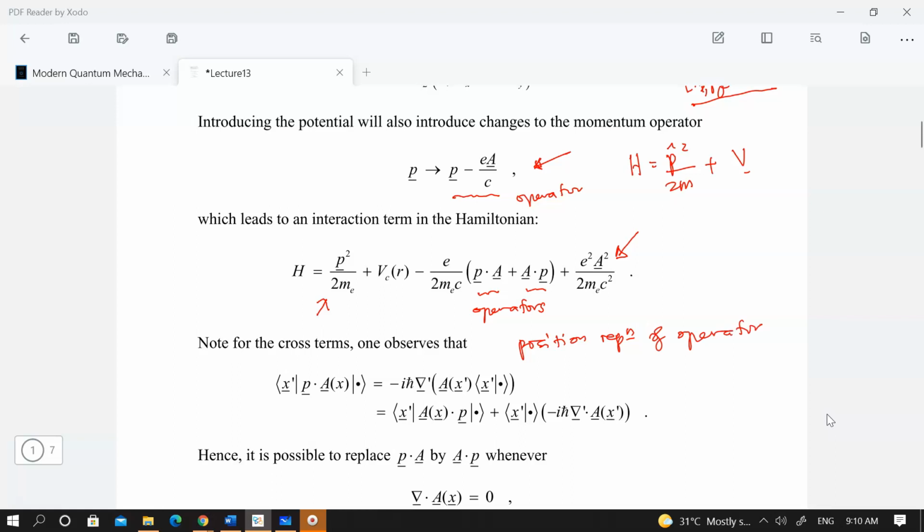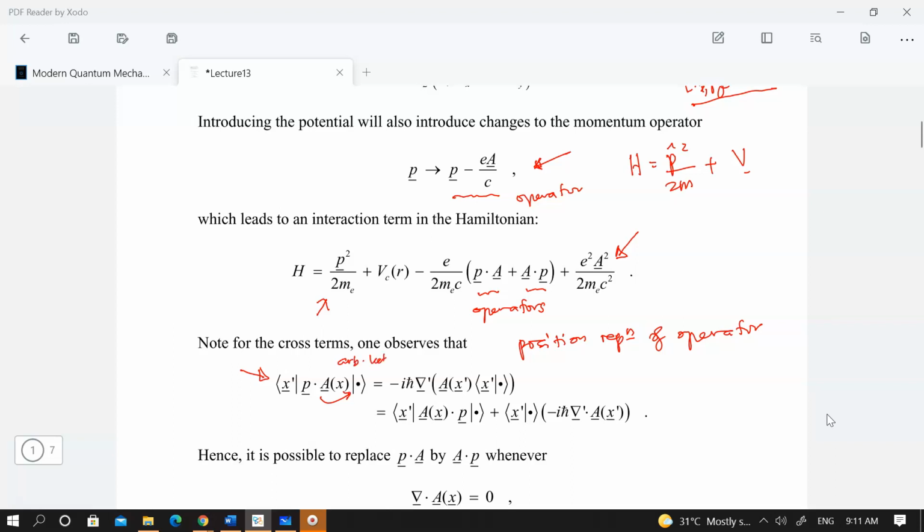So in other words, what we do is to pre-multiply this with some eigenstate of the position. In order to do this, this has to act on some ket. So this is an arbitrary ket.